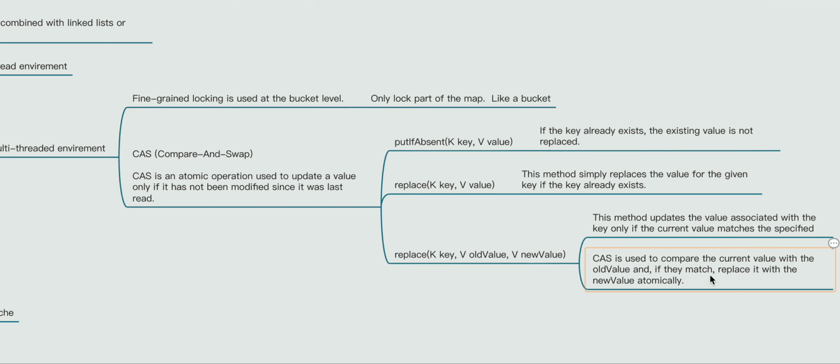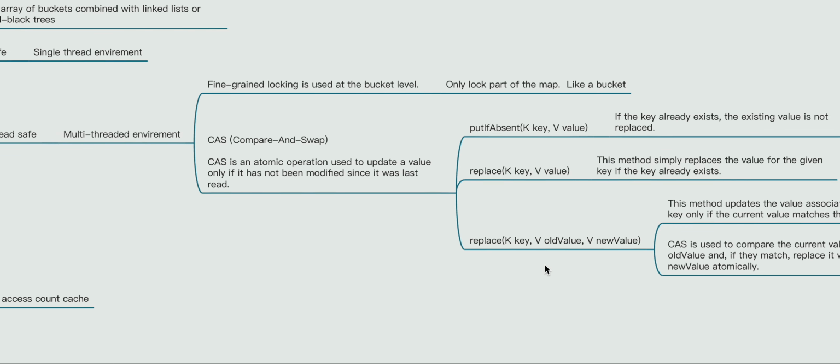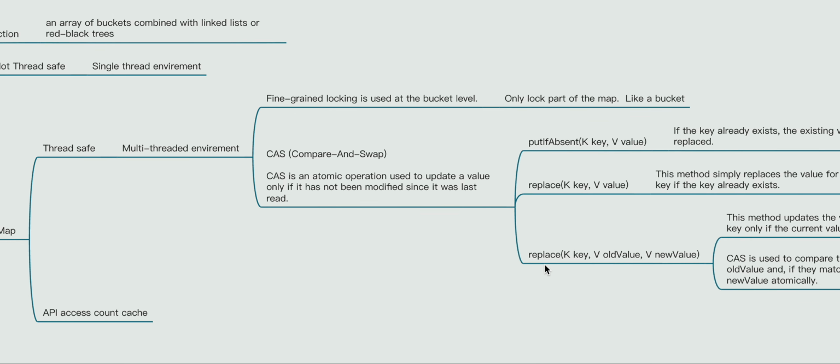And if they match, replace it with the new value atomically, which is replaced with this value. So in this mechanism, it won't need to lock and also keeps thread safety.